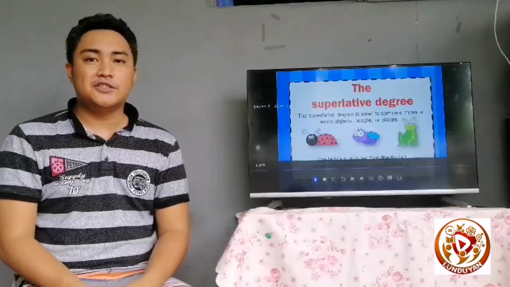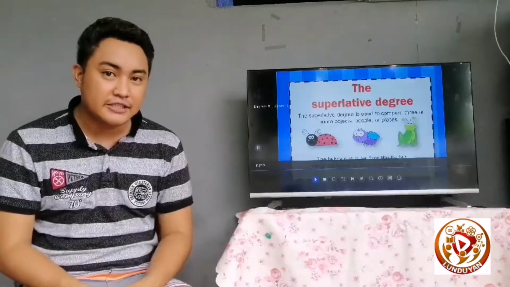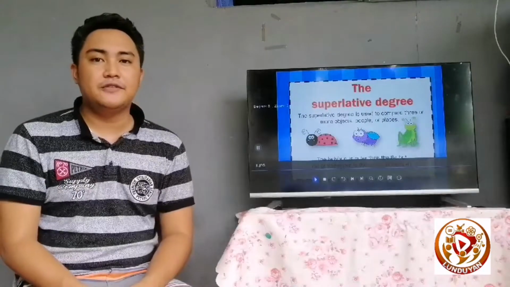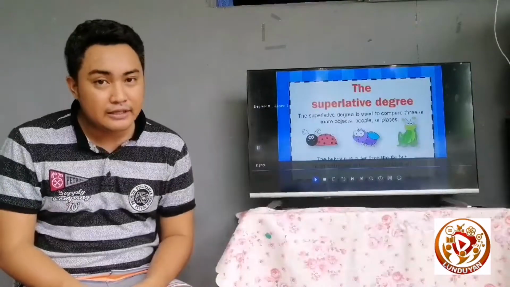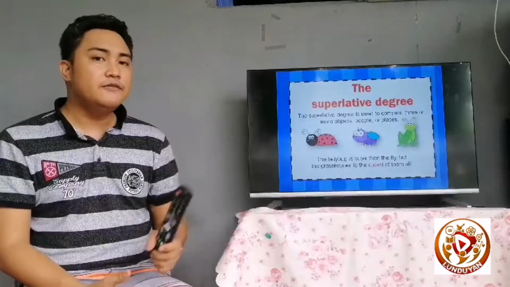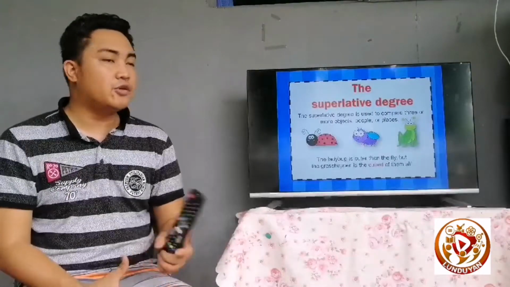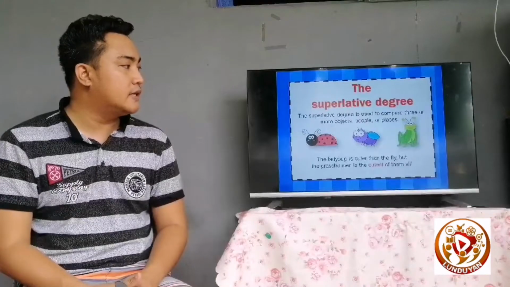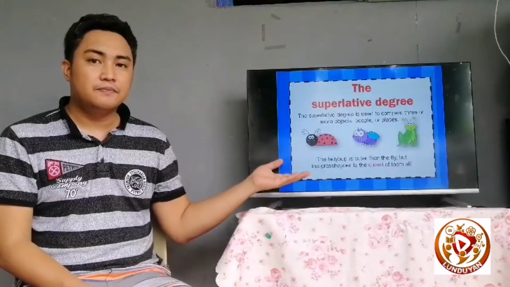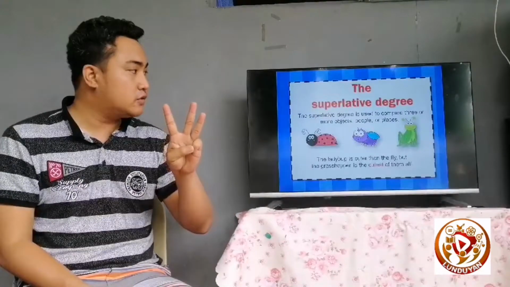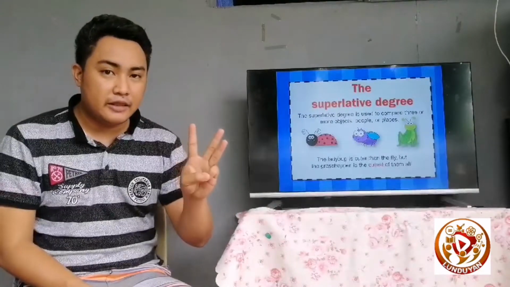Now this time, we'll talk about the last degree of comparison, which is the superlative degree. It's like the strongest out of all the three degrees. The superlative degree is used to compare three or more objects, people, or places. Now look at the picture. There are three animals or insects being compared there.